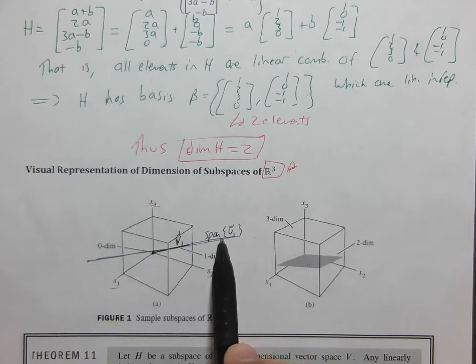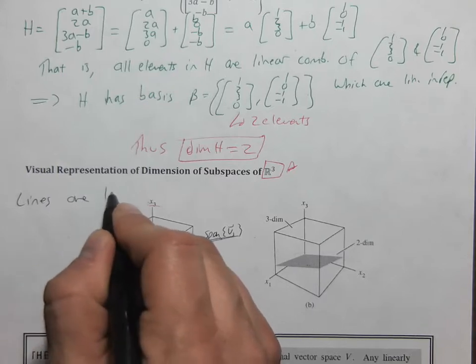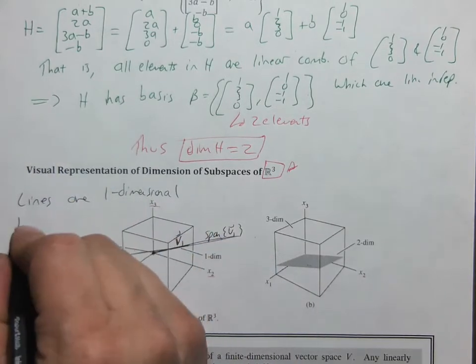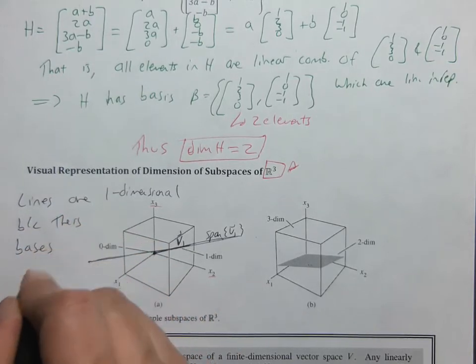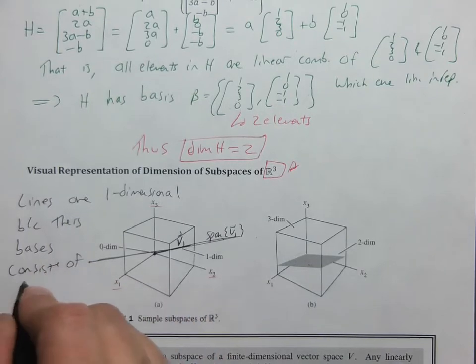The reason it's one-dimensional from a mathematical standpoint is because it's the span of a single vector. In other words, there's a single vector in the basis. So lines are one-dimensional because their bases consist of a single vector.